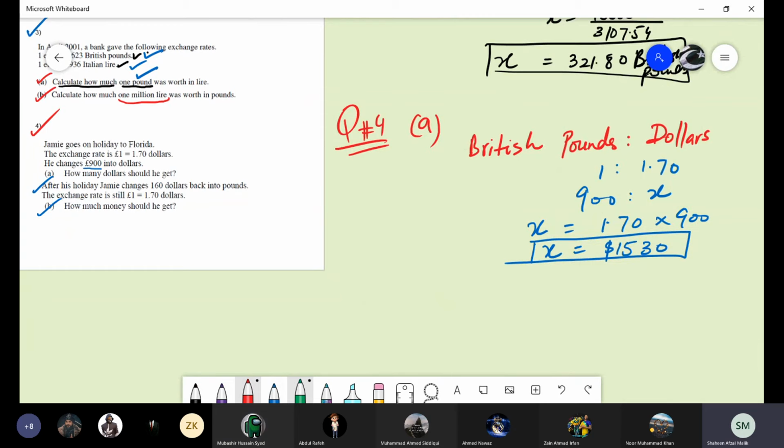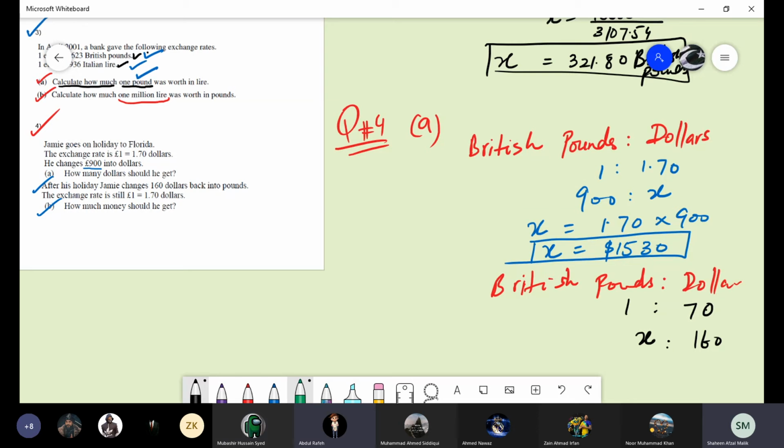Again the same thing you have to do, but this time British pounds and dollars. 1 ratio 1.70. He has $160 and wants to change it into pounds. So 1.70x is equal to 160. So x will be equal to 160 divided by 1.70.